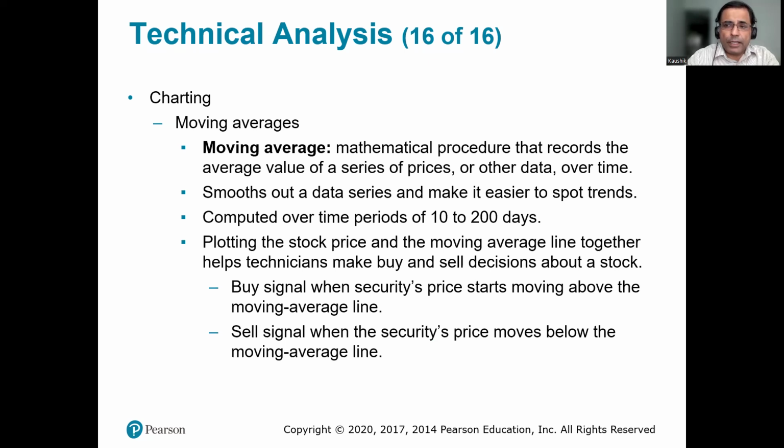If the daily price plot is above the moving average line, it means this is a buying opportunity. Similarly, if the plot of daily prices is below the moving average line, then it means it's a selling opportunity.